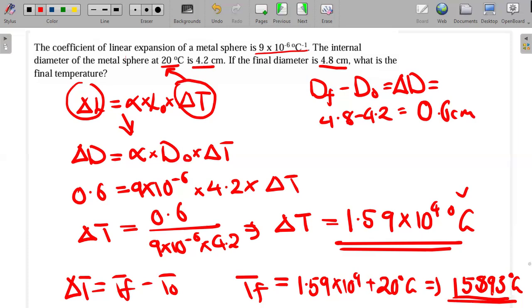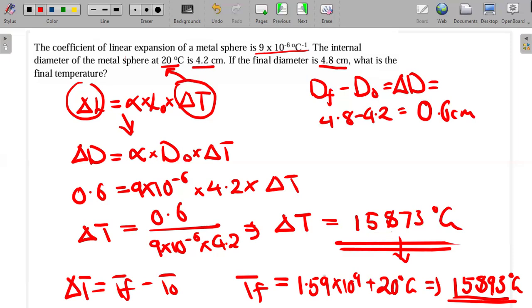That is the final temperature. Instead of writing it in scientific notation, you can write this answer as 1589.3 degrees Celsius, so that we are accurate with the final answer.